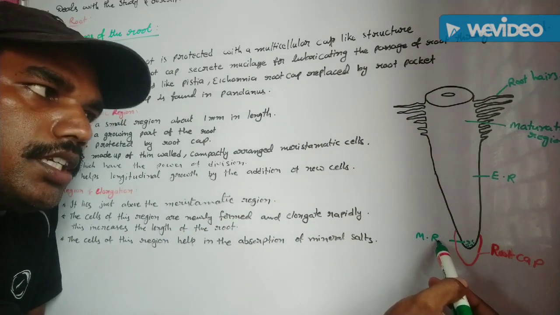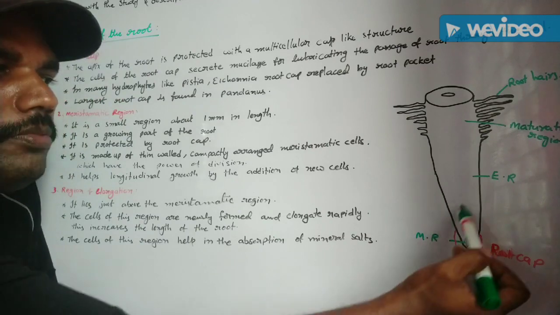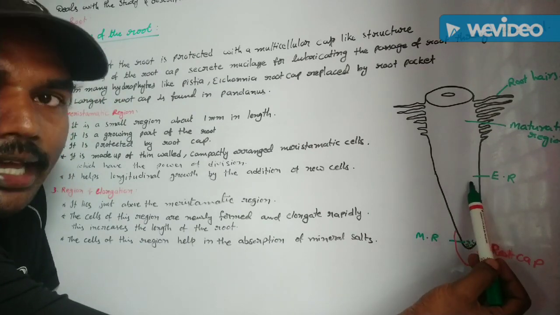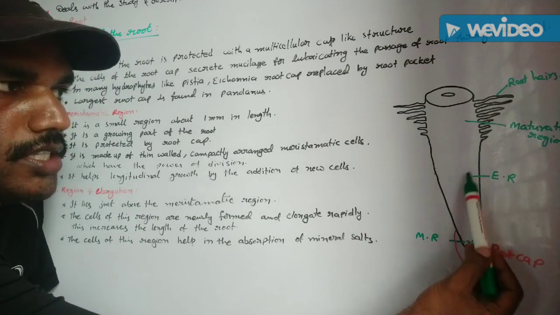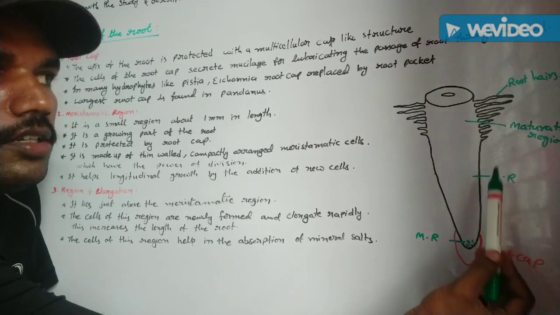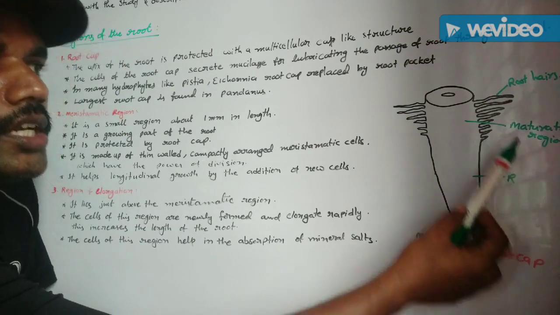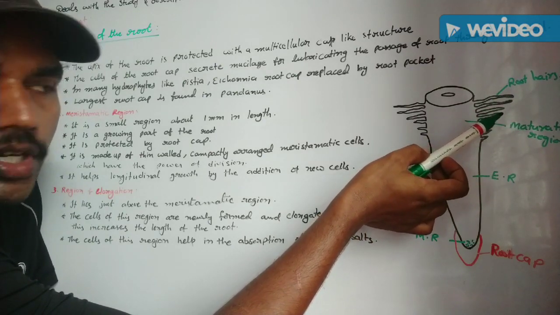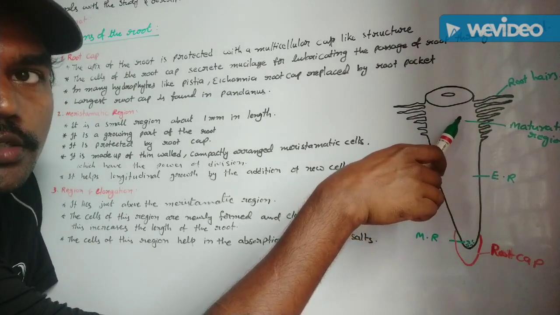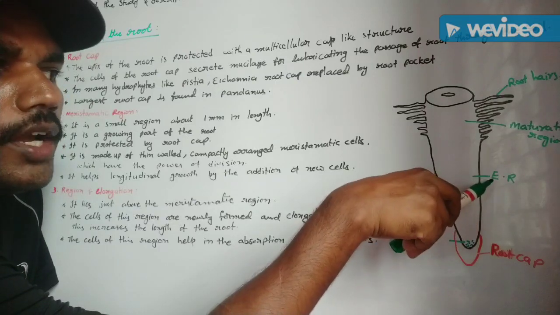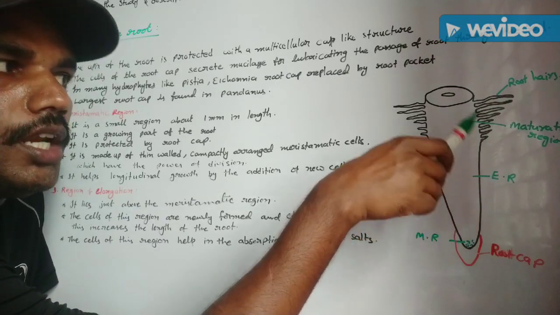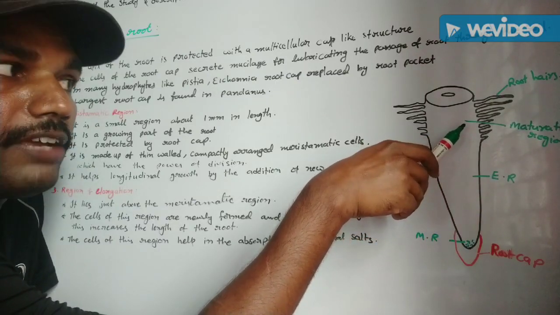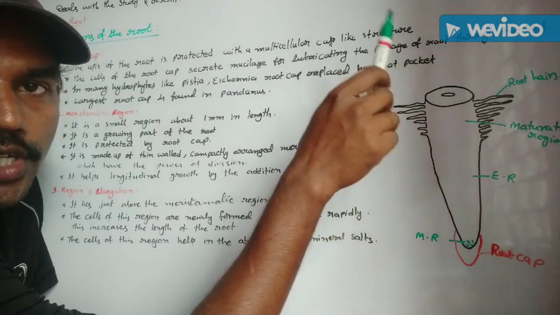Above the meristematic region lies the elongation region. Above the elongation region lies the maturation region. This means elongation region cells gradually differentiate into the maturation region.